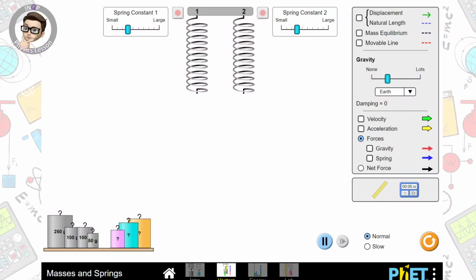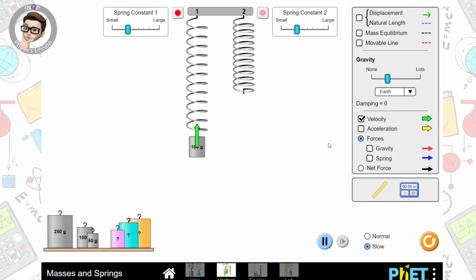So let's look at a simulator to actually understand whether this is true and how true it is. So we'll take a mass, and we'll attach it to the spring. So the spring is oscillating backwards and forwards. Let's have a look at those velocities and let's slow it down, because we've talked about this and we should now be able to understand it.